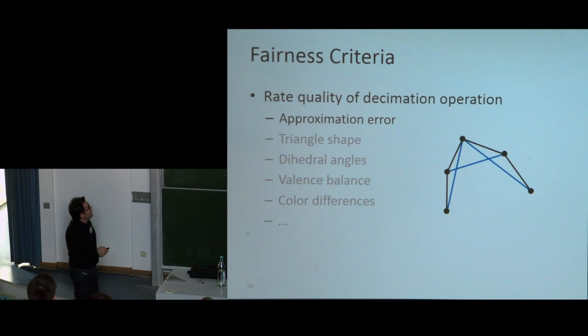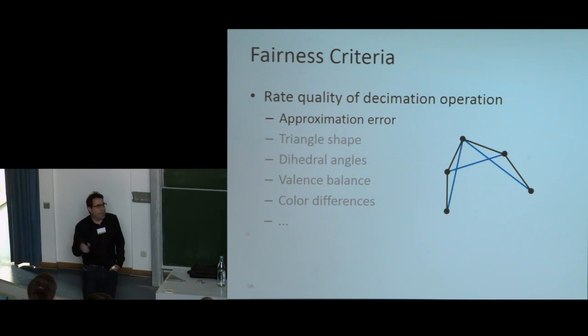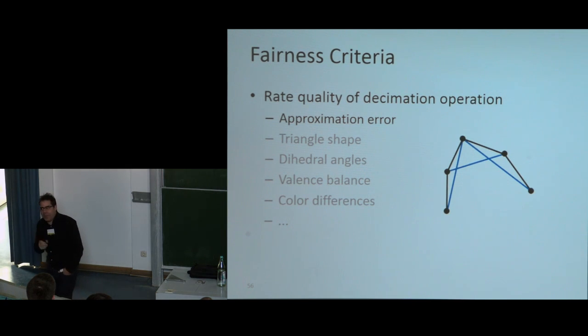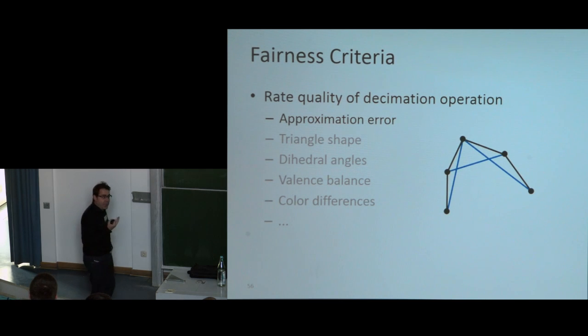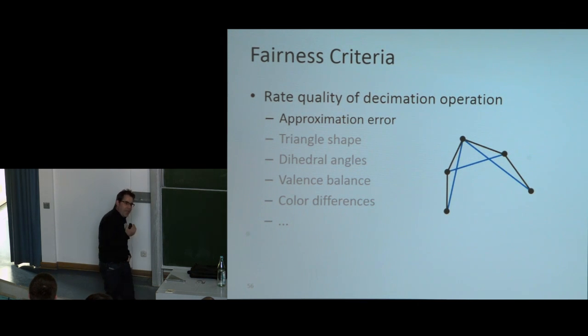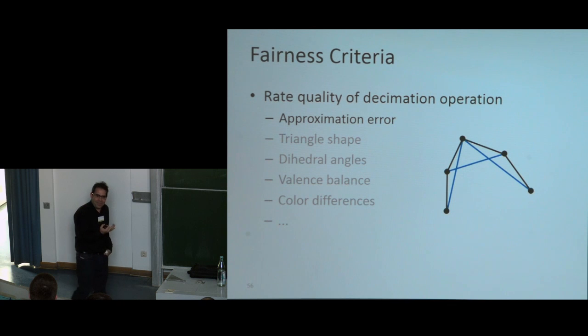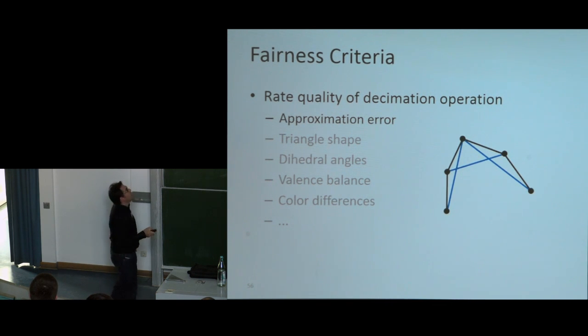Then you can imagine many other criteria. I won't spend much time on that, but typically you can add that you want to preserve the shape of the triangles. But this slightly touches the topic of remeshing, because you want to control the shape of the triangles, which may, of course, contradict the goal of minimizing the complexity of the mesh.